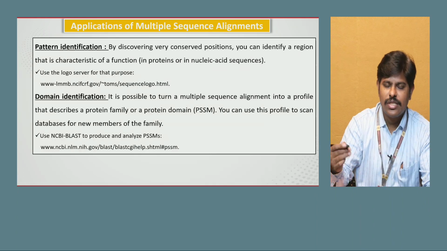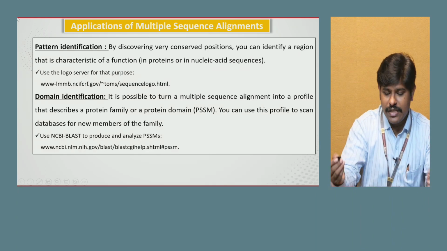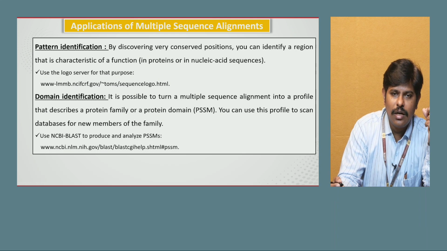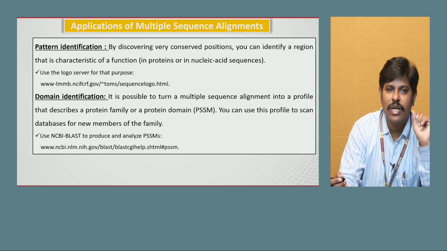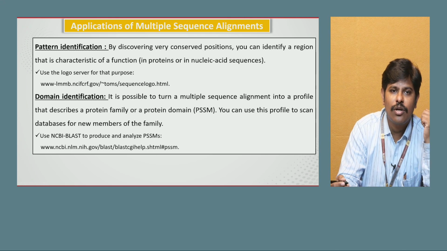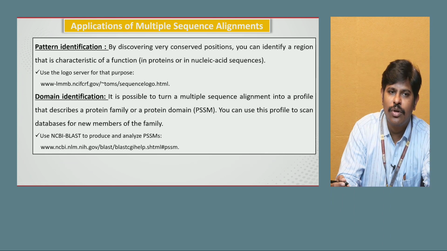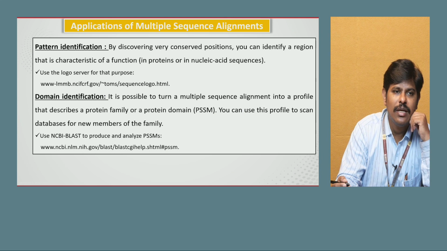One application is this: when the function of an unknown or novel sequence is found using pairwise sequence alignment, you don't have confidence in the result. You cannot confidently say that the function of my unknown protein is the same as the protein matching in the database.